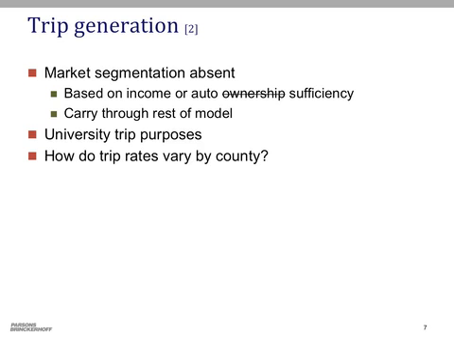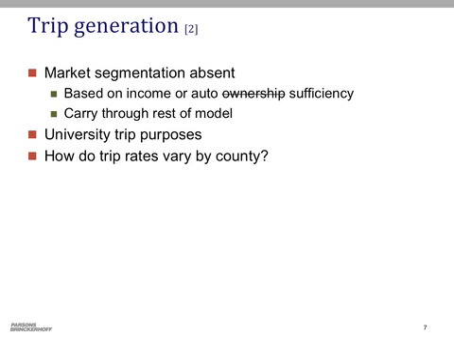Another thing that has been recommended by the TMIP peer review panel, and which we wholly endorse, is the development of a separate home-based university trip purpose, because of course they have some very different patterns. The 2 big universities in southeast Michigan are the University of Michigan in Ann Arbor and Wayne State University in Detroit, but there's a number of fairly large community college campuses sprinkled throughout the region, and we'd like to capture their unique travel characteristics.